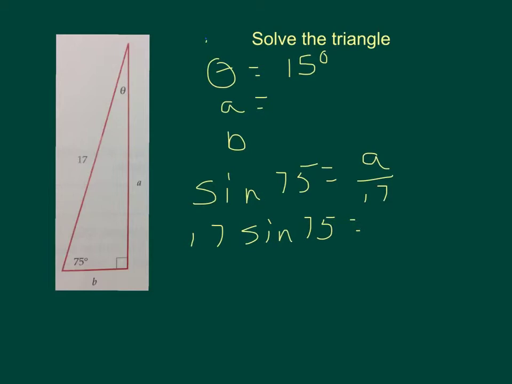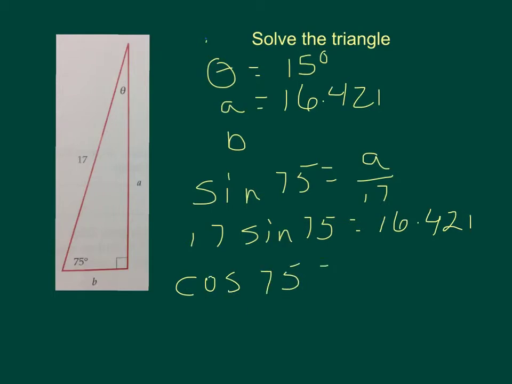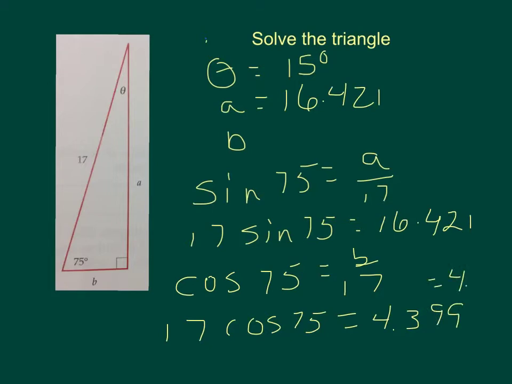And I get 16.421. And to find B, I can do the cosine of 75 degrees is equal to b over 17, or 17 times the cosine of 75 equals 4.3999, so I'm going to leave that as 4.4.